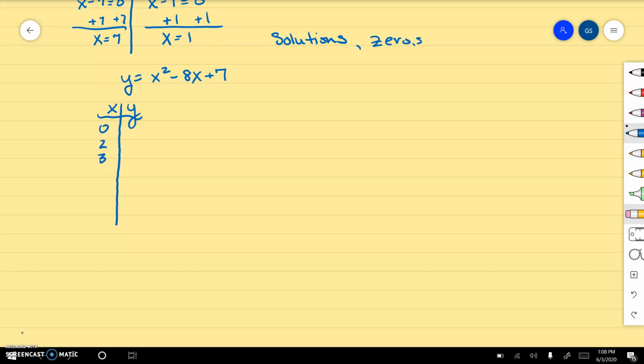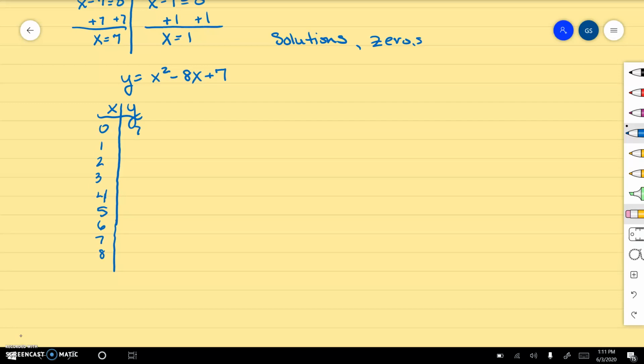Something's weird. Hold on. Okay, I found my little mistake. I'm just going to erase this. Sorry. It's 0, 1, 2, 3, 4, 5, 6, 7, 8. I just took all the points from the table that will fit on my graph.